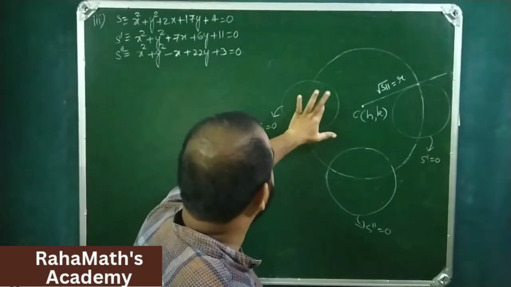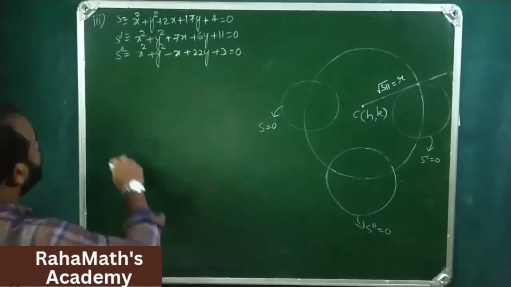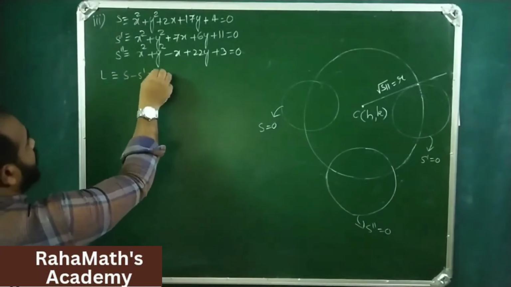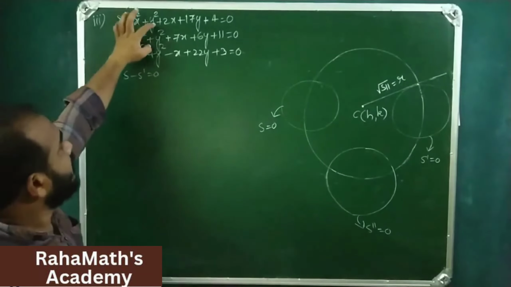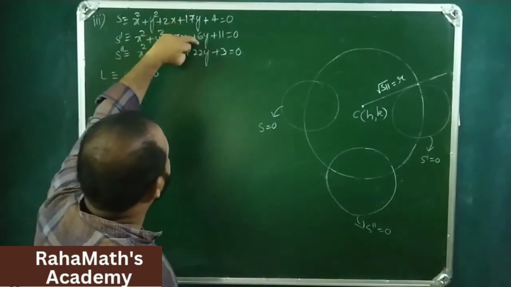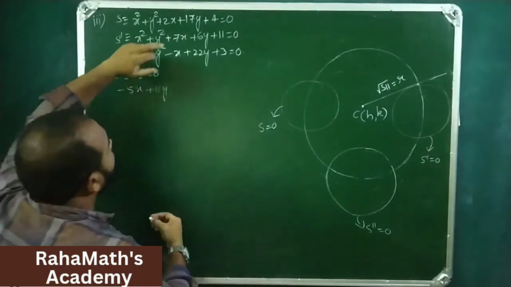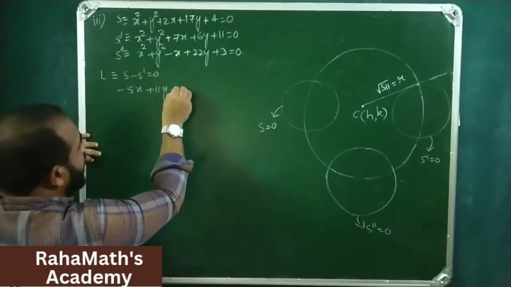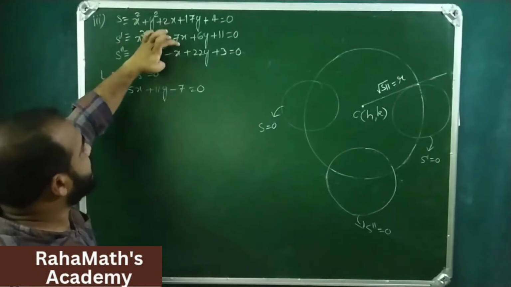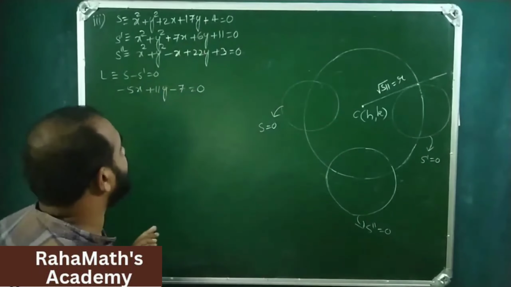Then actually the radical axis of any two circles we will find. So L is S minus S dash equals 0. 2x minus 7x is minus 5x. 17 minus 6 is 11y. 4 minus 11 is minus 7 equals 0.